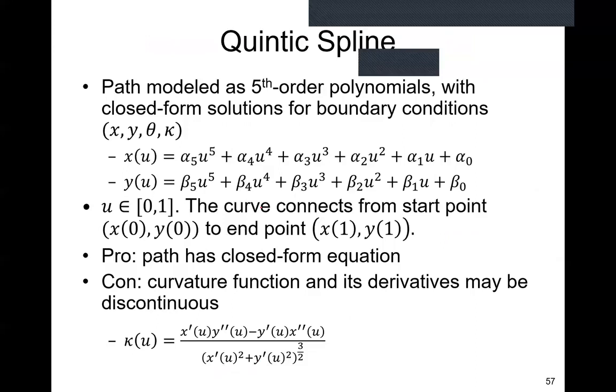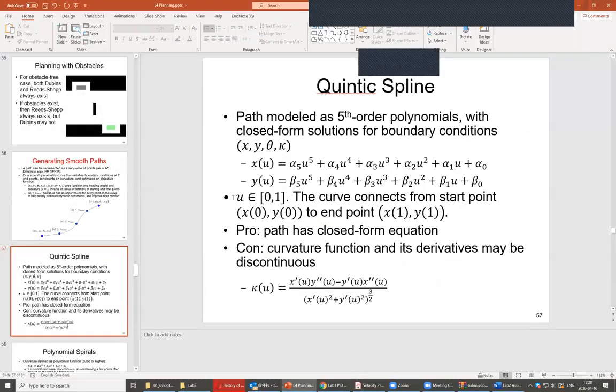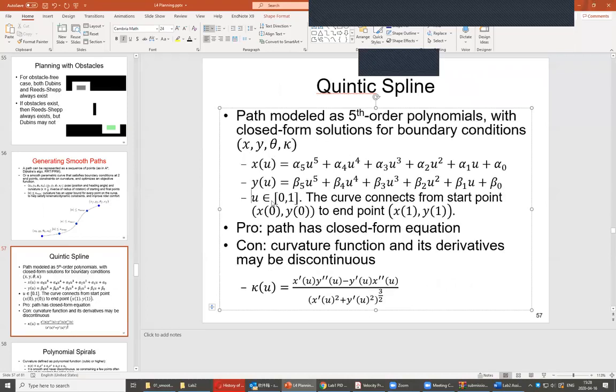So one approach is the quintic spline. You model the path as a fifth degree polynomial with closed form solutions for boundary conditions. So x(u) is just, u is an artificial parameter in the function.